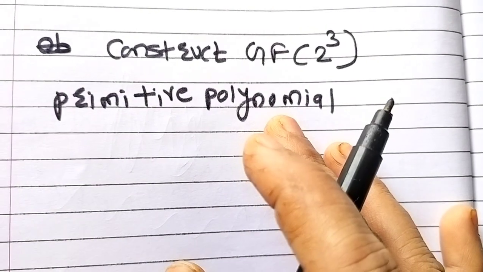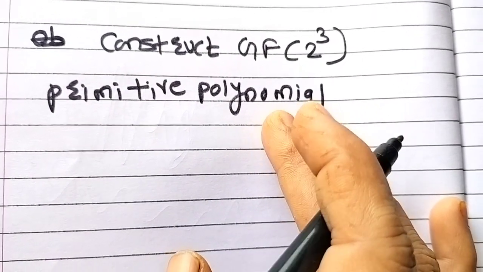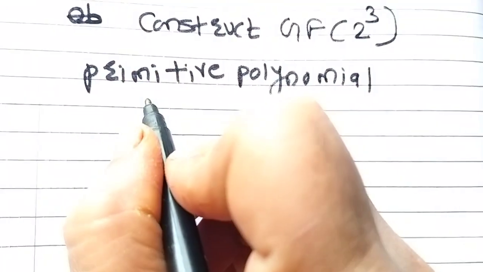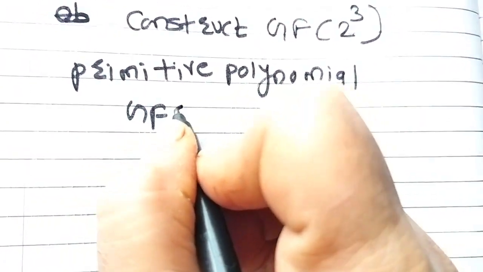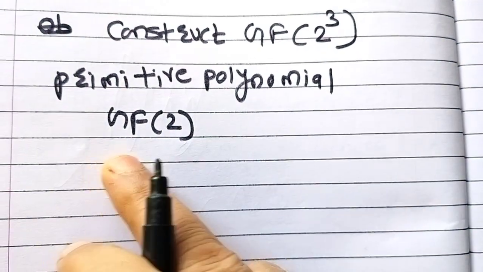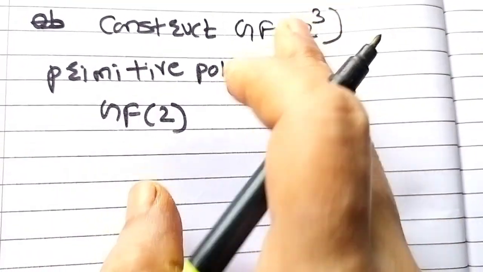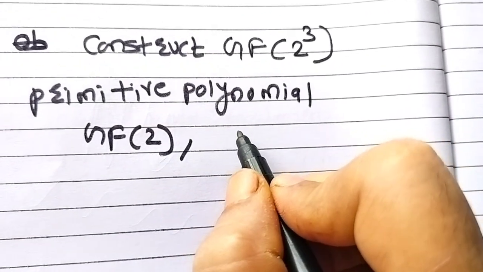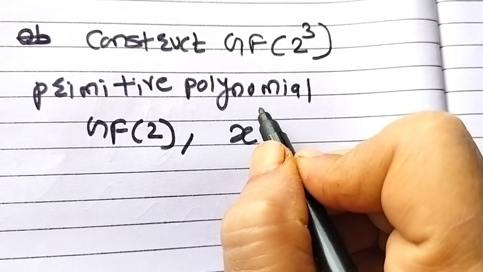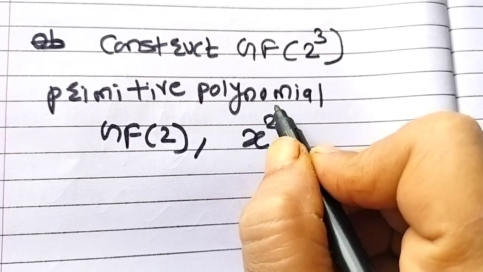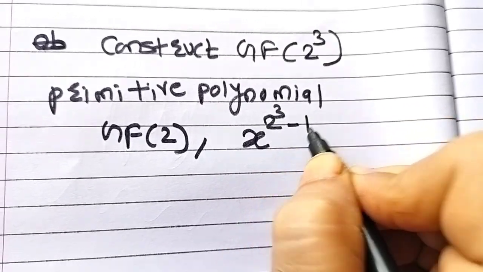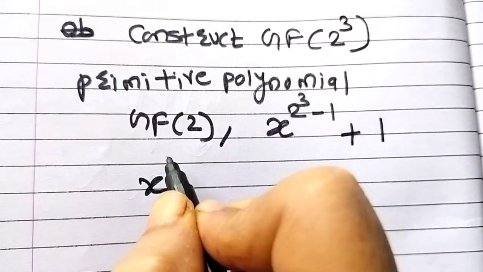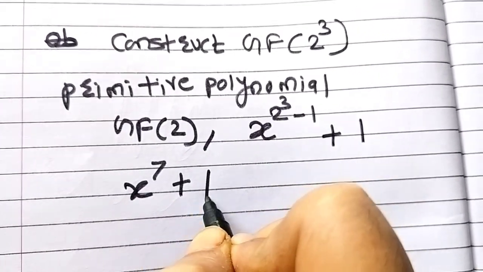Here the primitive polynomial is one which is irreducible over Galois field 2. That means it does not have roots over Galois field 2, and it divides only x raised to 2 raised to 3 minus 1, plus 1. That means it divides only x raised to 7 plus 1.